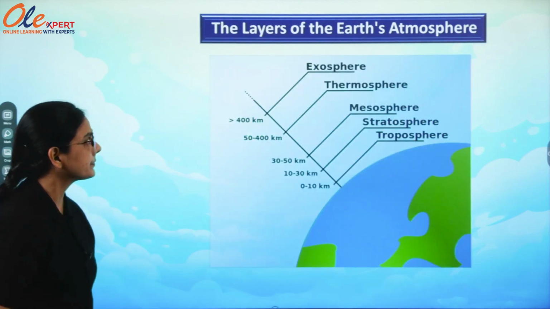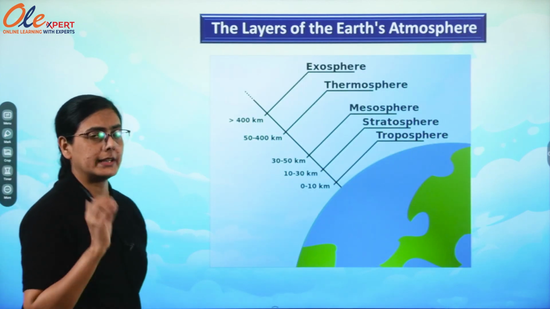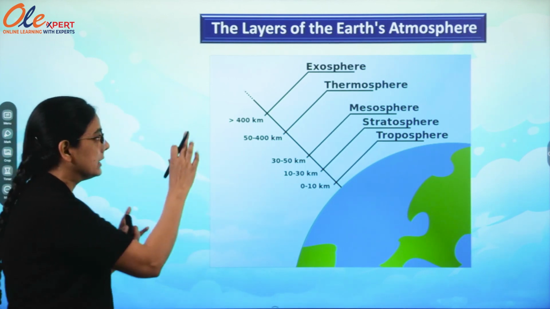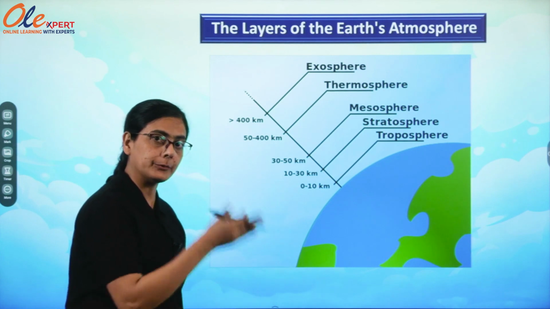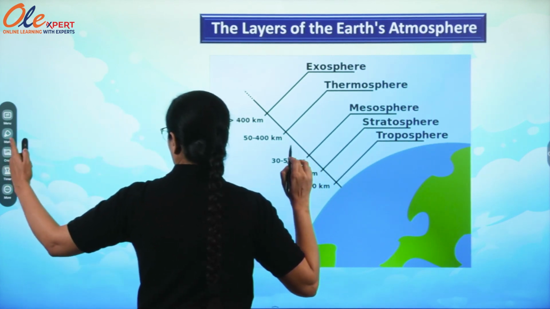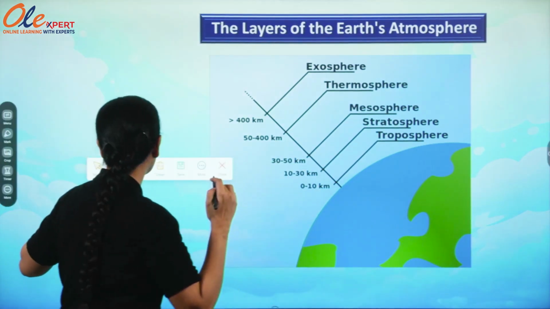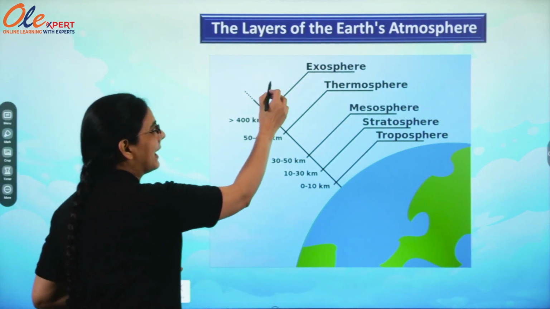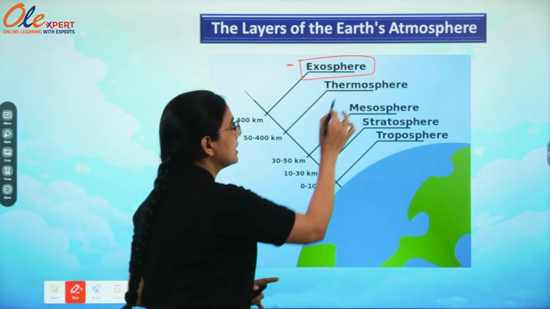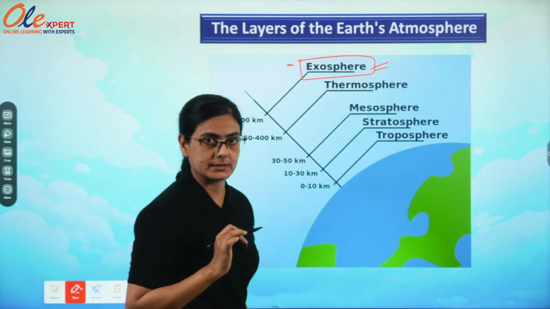Fine. Now, clear? Now coming to the next topic, the layers of the atmosphere. Okay, these are the layers. If we are talking from the Earth, the first one is the troposphere; the last one is the layer which is nearly in space.